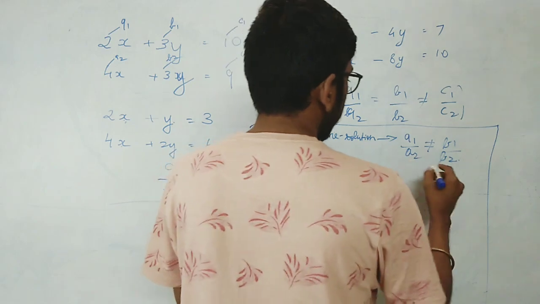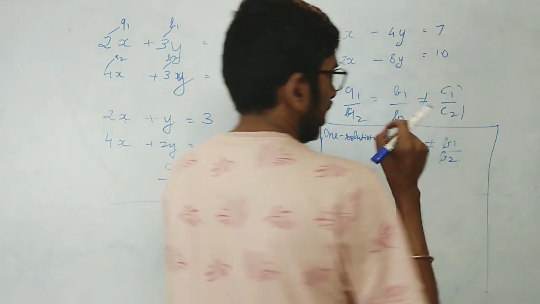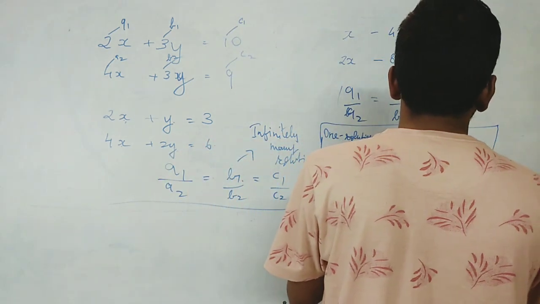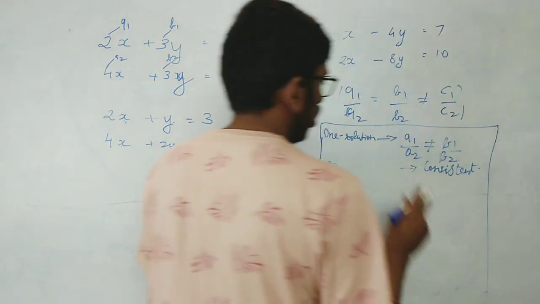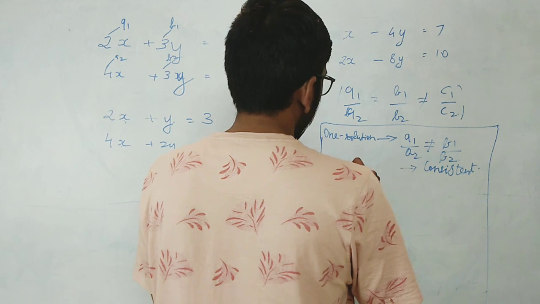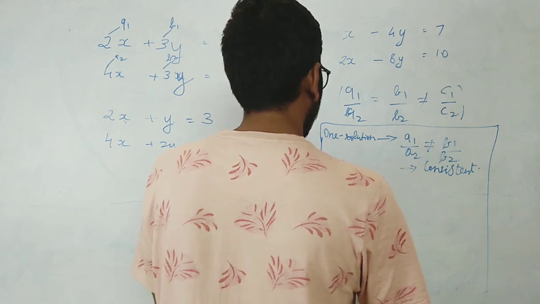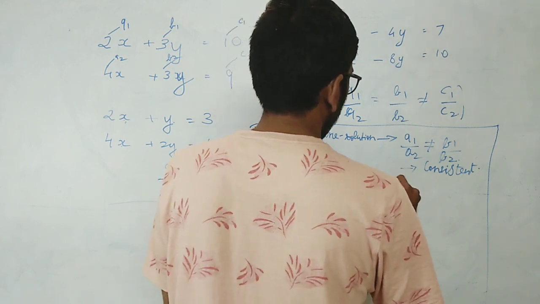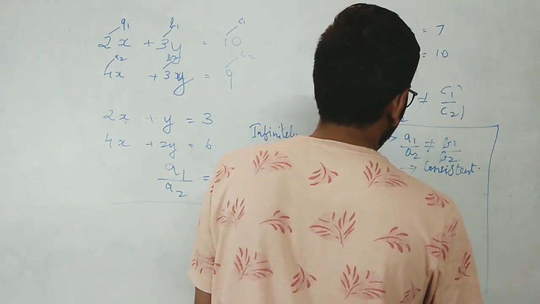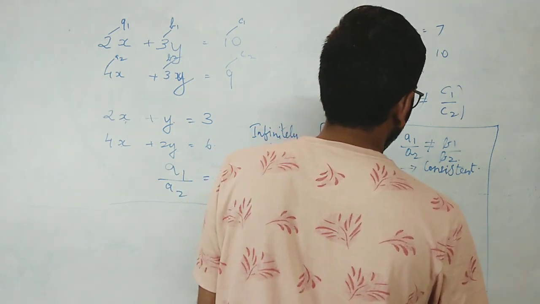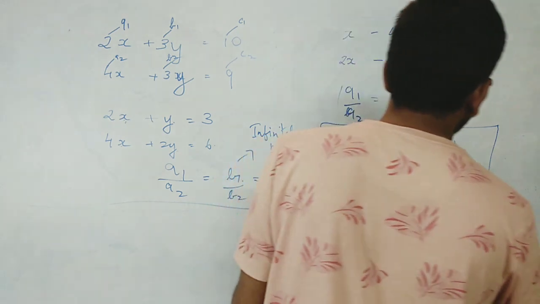And what does this mean? This is called a consistent pair of linear equations. Now, infinitely many solutions, which is A1 by A2 equal to B1 by B2 equal to C1 by C2.